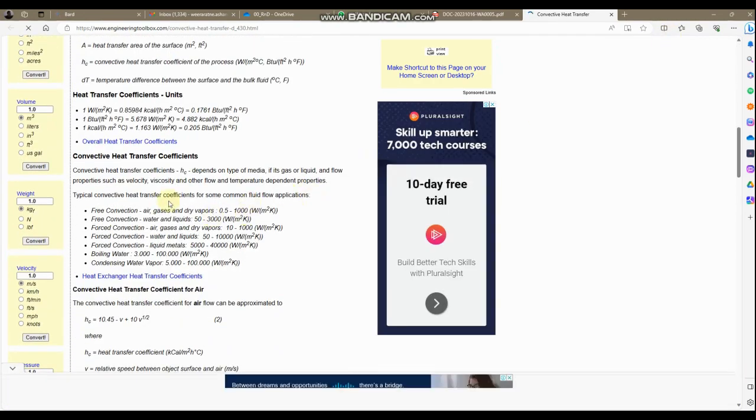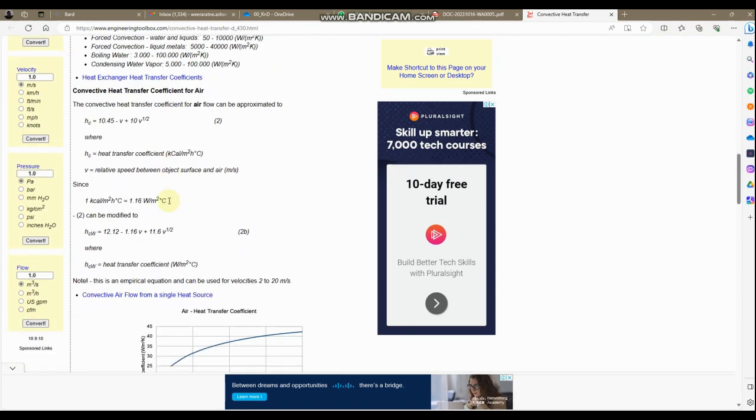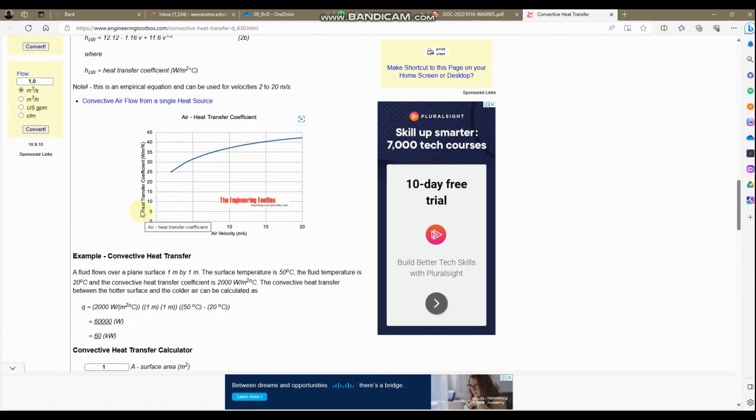So we'll go to the website that I recommended, Engineering Toolbox, and you will come to a particular chart or plot which gives you the heat transfer coefficients at certain air velocities. What you can infer from a graph like this is that the heat transfer coefficient depends on the air velocity. That means the heat transfer coefficient increases if there's a high wind around.